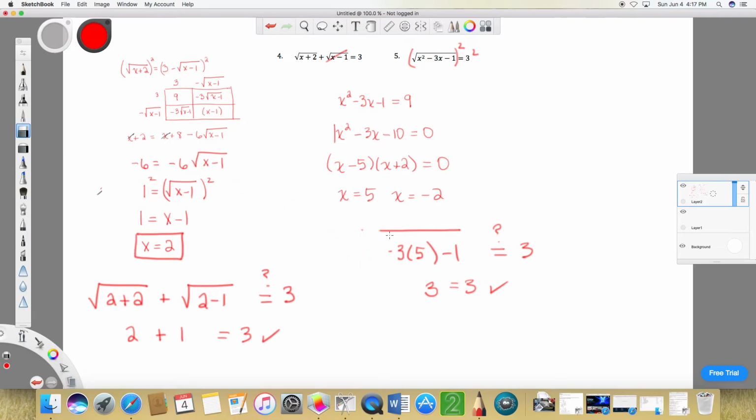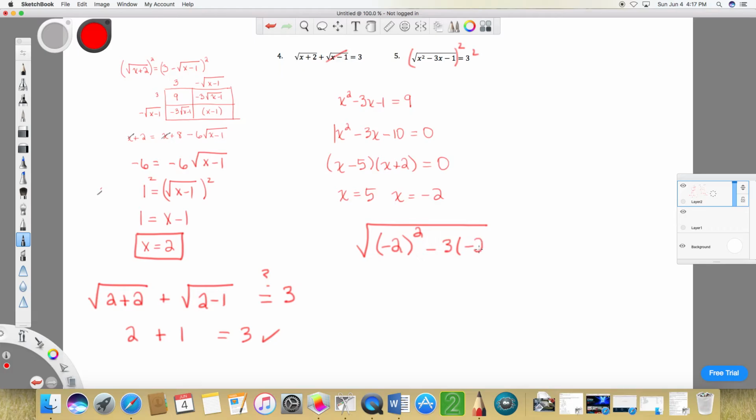All right, so let's take a look at negative 2. On the left-hand side, what do we get? If we replace x with negative 2, we have negative 2 squared. And if you're keying that in a calculator, you need to have parentheses around that base.